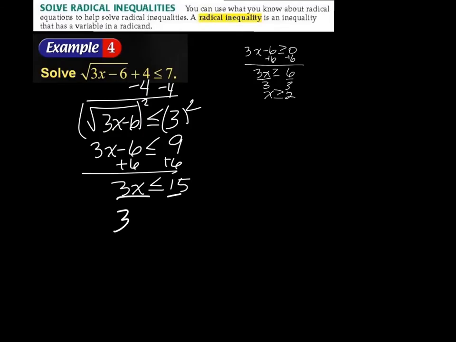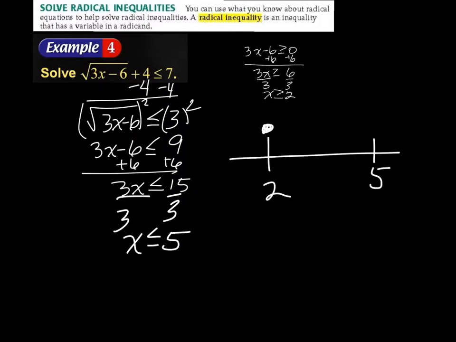Divide both sides by 3, and x is less than or equal to 5. A lazy number line here, we need values that are greater than or equal to 2 and less than or equal to 5. So that makes it easy to write the compound inequality of x is between, so greater than or equal to 2 and less than or equal to 5.